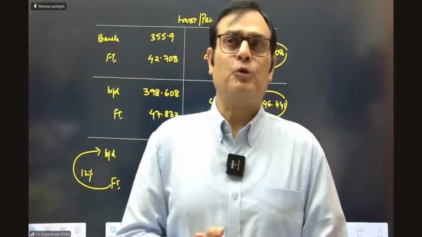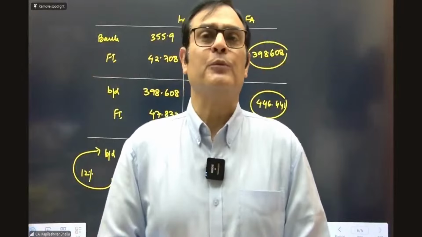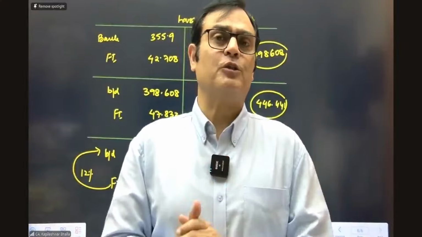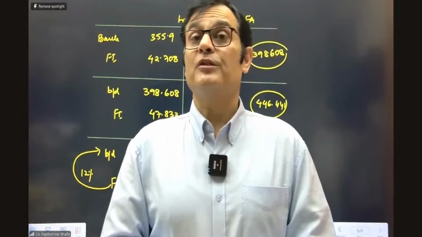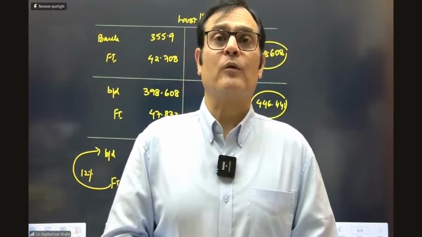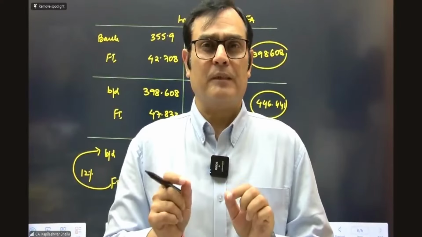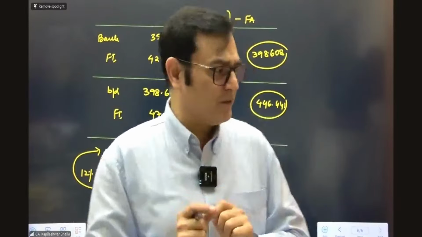I think now I'm ready to make a little mind map with you. So I think what we've done is looked into different kinds of relationships and how the difference between fair value and the transaction value is accounted for. So let's make a quick mind map on this particular part.